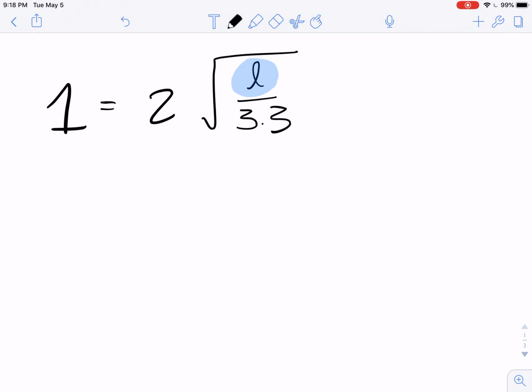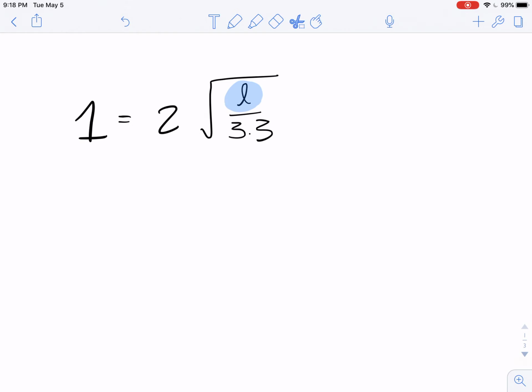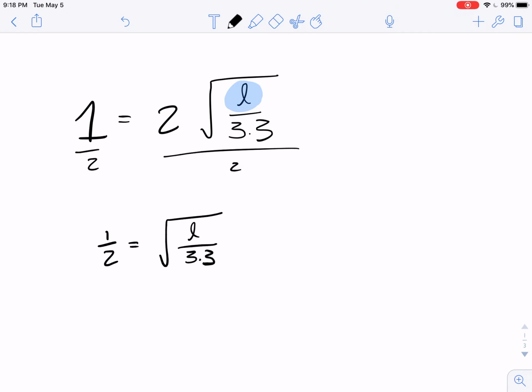So my first step is I want to get rid of this 2 times, so I'm going to divide by 2. So on the one side we have 1/2 equals the square root of L divided by 3.3. Now we're still trying to find this L, so we're going to square both sides to get rid of the square root.